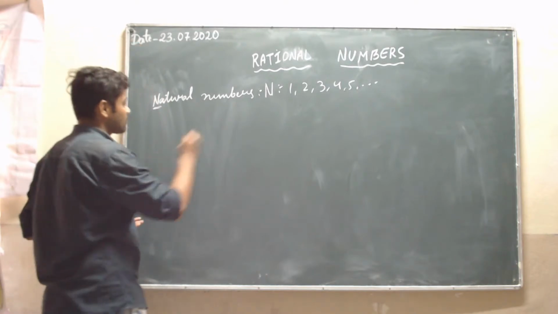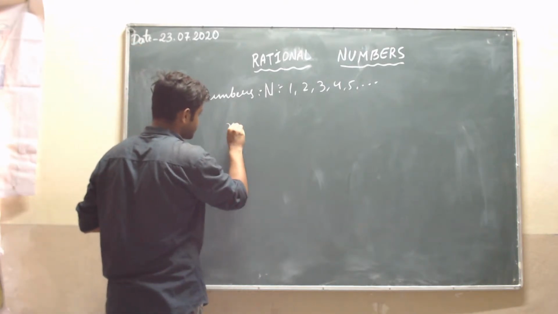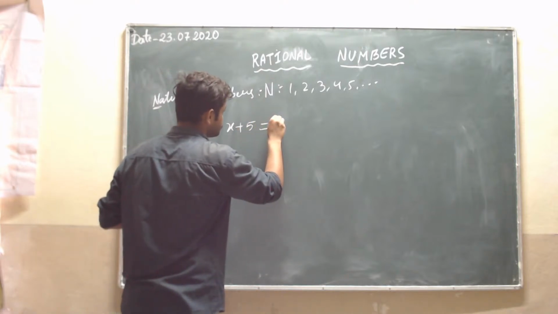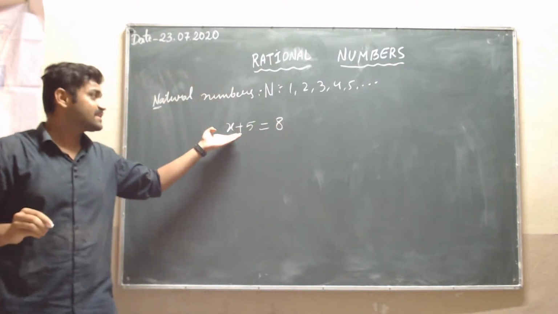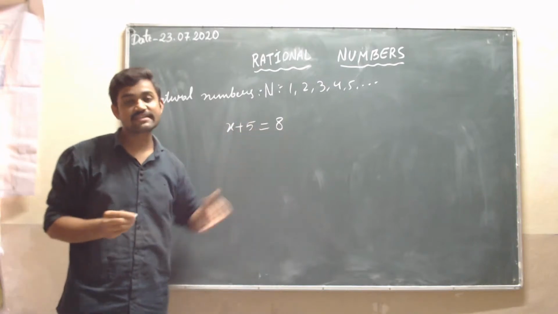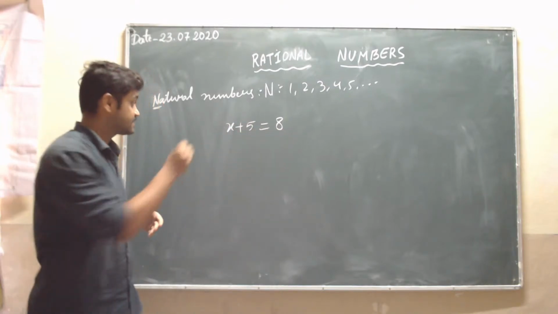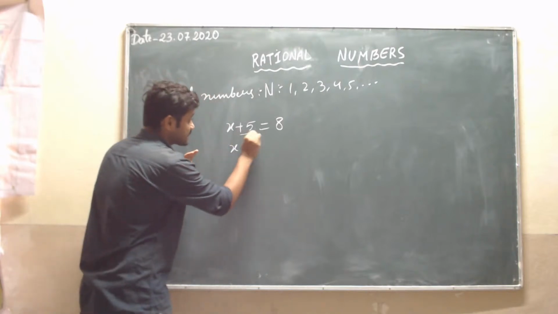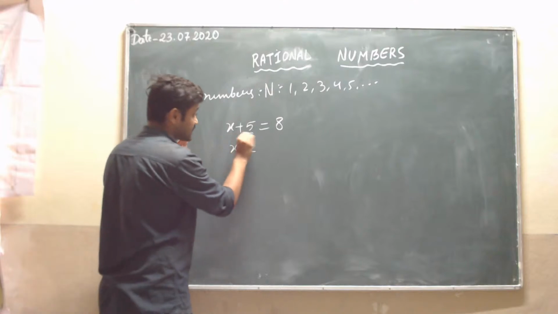Here I will give some examples. One example: x plus 5 is equal to 8. Then what is the value of x here? Here plus 5 is there.